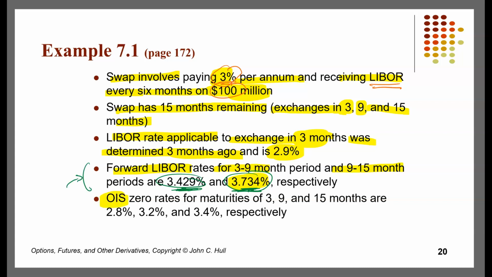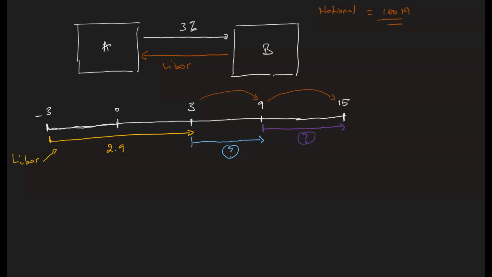The OIS rate or the zero curve is given for the maturities of 3, 9, and 15 months. So our zero curve is going to be the following. We have OIS, and we have the maturity: 3 months, 9 months, and 15 months.